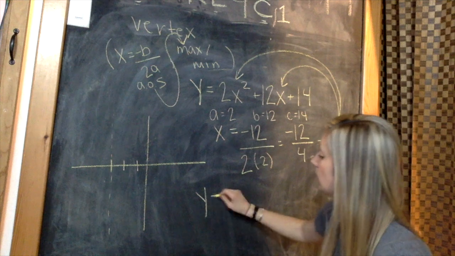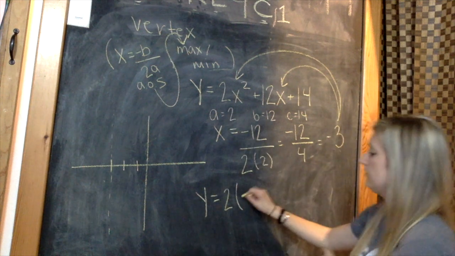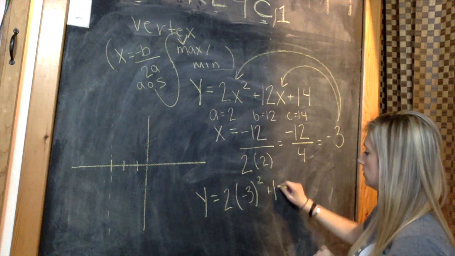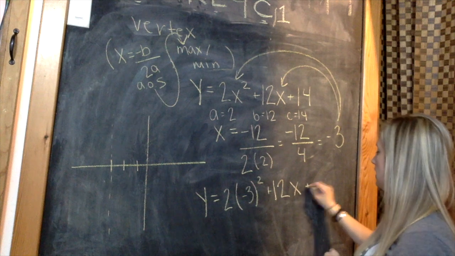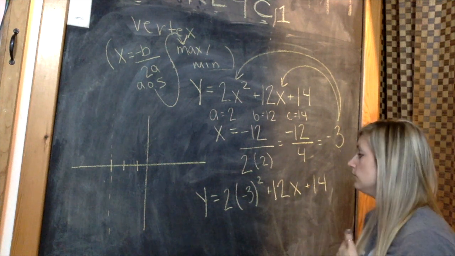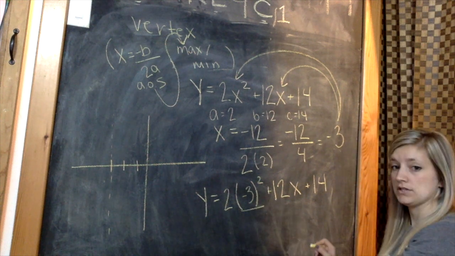You got it. So y equals 2 times negative 3 squared plus 12x plus 14. Then you follow the order of operations. Remember, you have to do the exponent first.